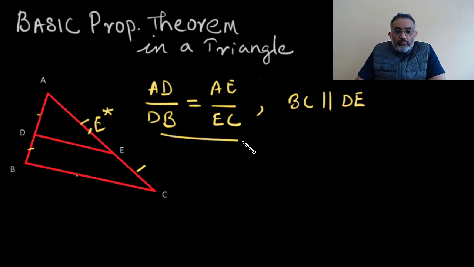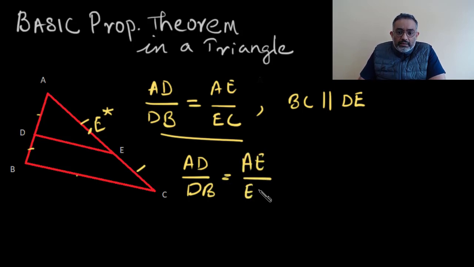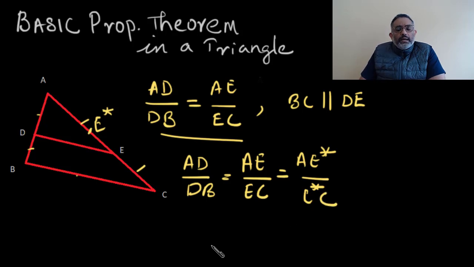So we know that AD by DB is equal to AE by EC, and that is also equal to, in the same proportion of AD by DB, AE star by E star C. Now the process is extremely simple.